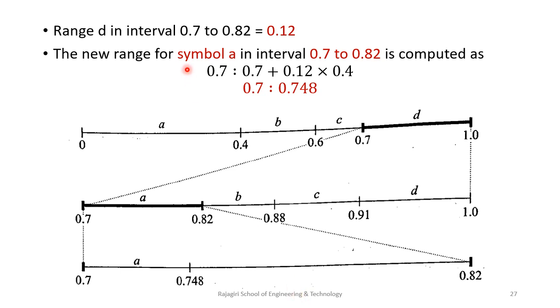So the subrange for the symbol A in the interval 0.7 to 0.82 is computed as the lower limit, which is 0.7, to the upper limit. The upper limit is calculated as the lower limit 0.7 plus D, which is 0.12, times the probability of symbol A, which is 0.4. So we get the subrange of A as 0.7 to 0.748.